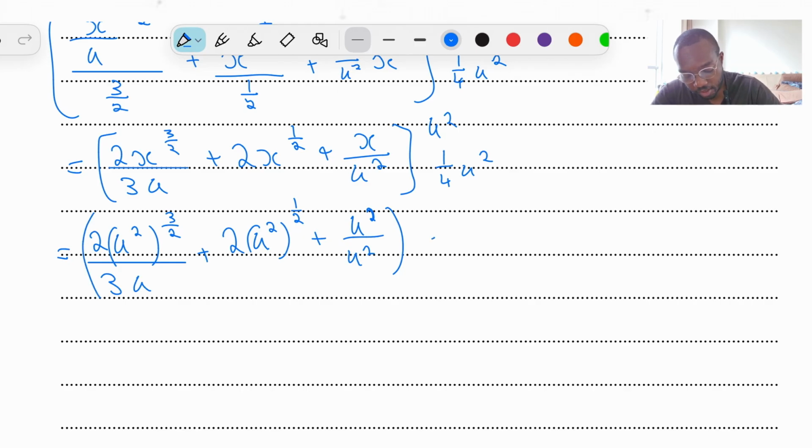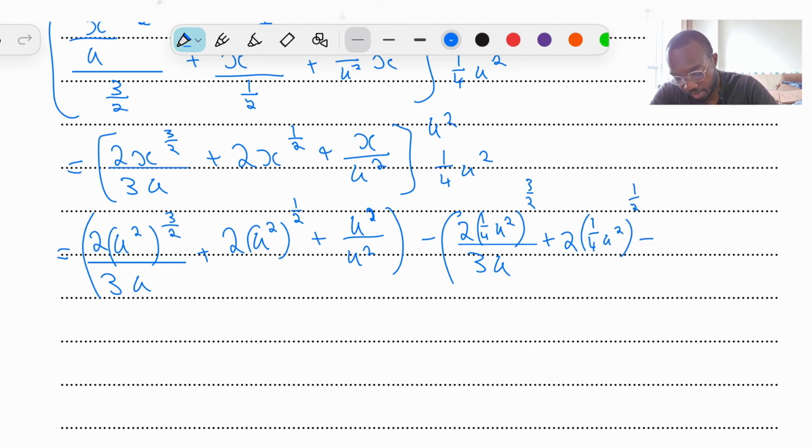It's all of this, and that is minus the, again we now have 1 over 4k squared, and it's all of this to the 3 over 2 over 3k. And then again we have the plus 2 times 1 over 4k squared, all to the power of a half, and then plus 1 over 4k squared over k squared. So we have all of this.